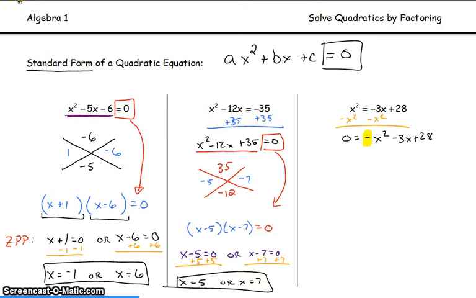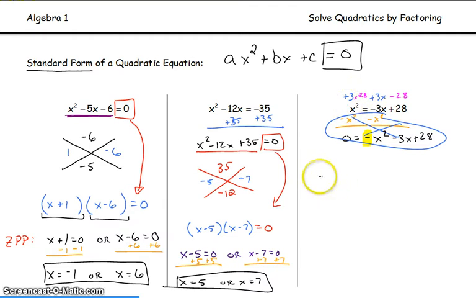So instead of doing these steps, let's move everything to the side where x squared will be positive, which means I'll add 3x to both sides and subtract 28 from both sides. So my equation would be x squared plus 3x minus 28 equals 0.